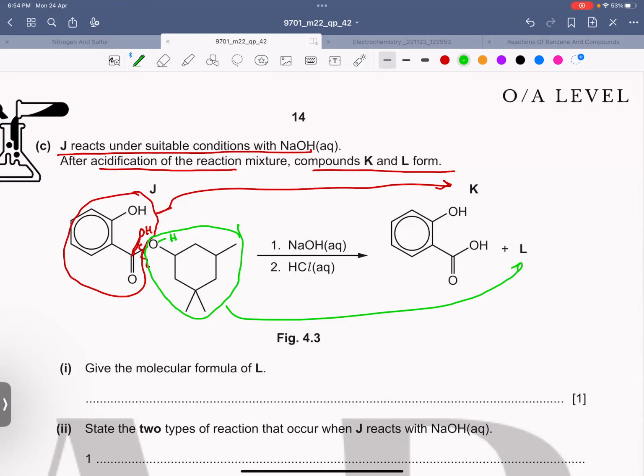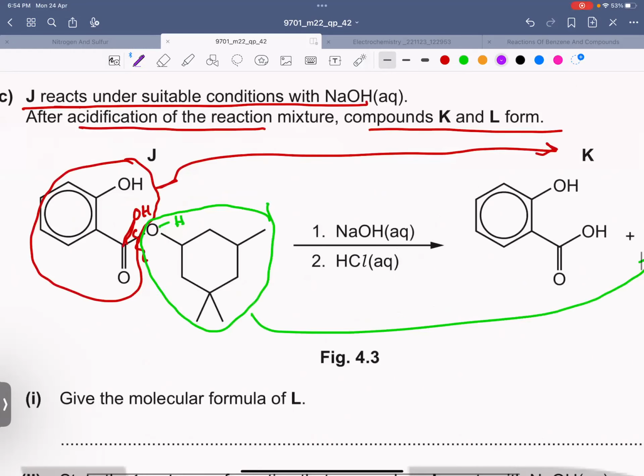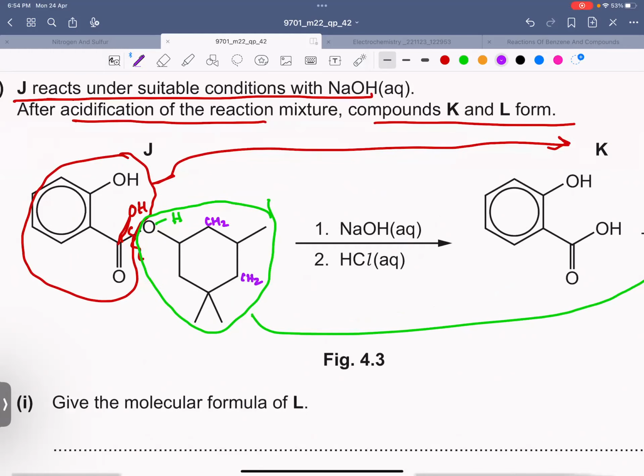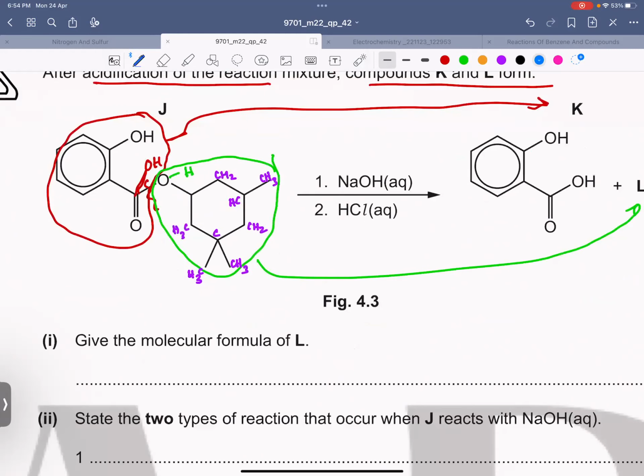So you have to work on the molecular formula of this one. Here I have a CH2, here I have a CH2, here I only have CH3 and CH3. So if you write the formula, how many carbons do we have? 6, 7, 8, 9. There are 9 carbons.